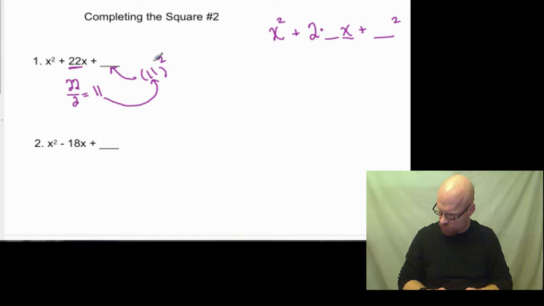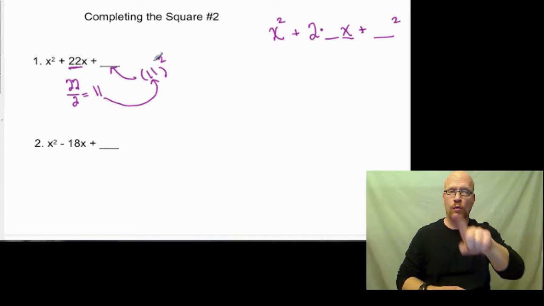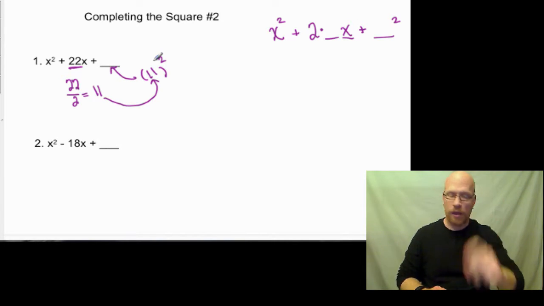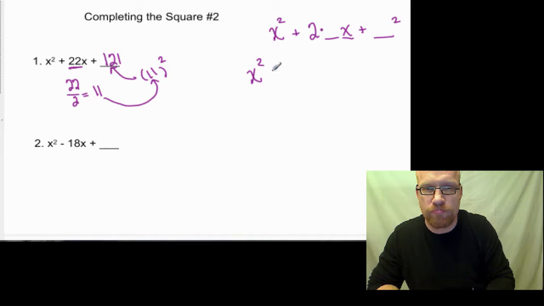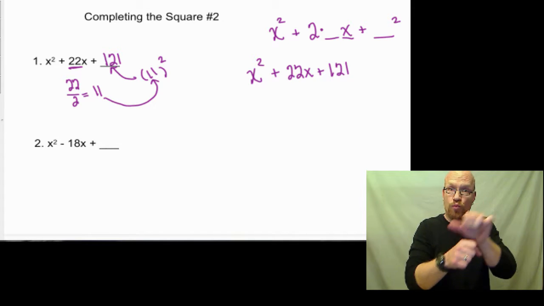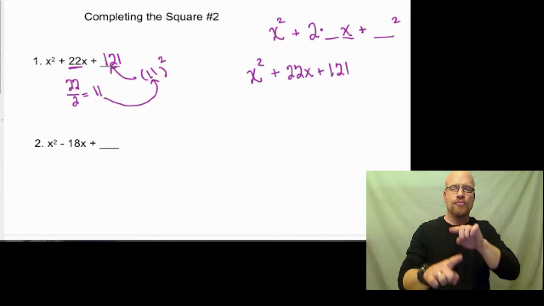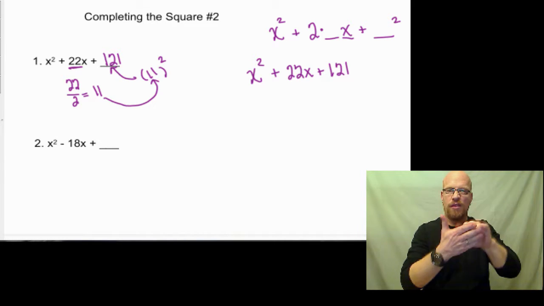Wait a minute here. What this means is 11 squared is 121. And now, if you factor this, the answer is going to be x plus 11, parentheses squared.